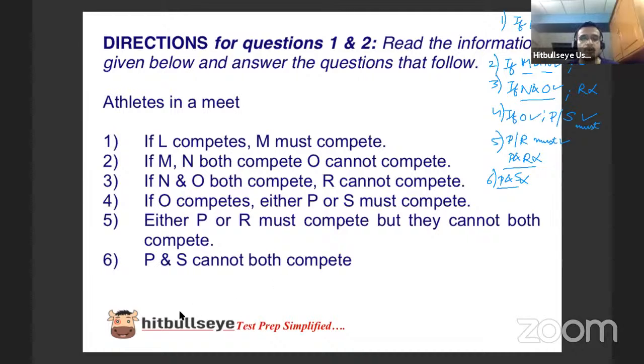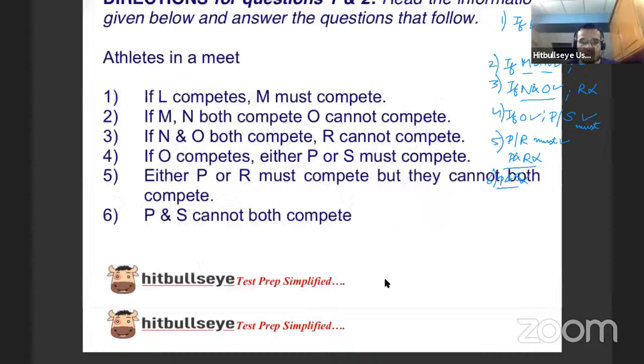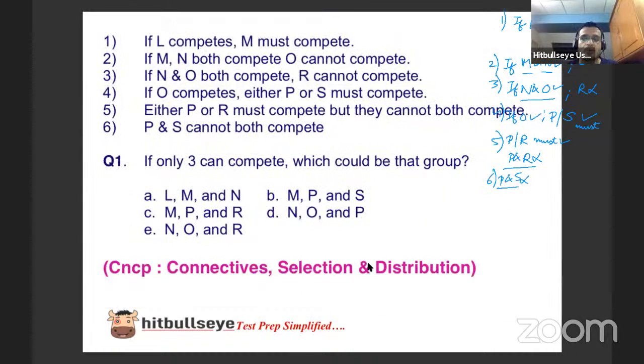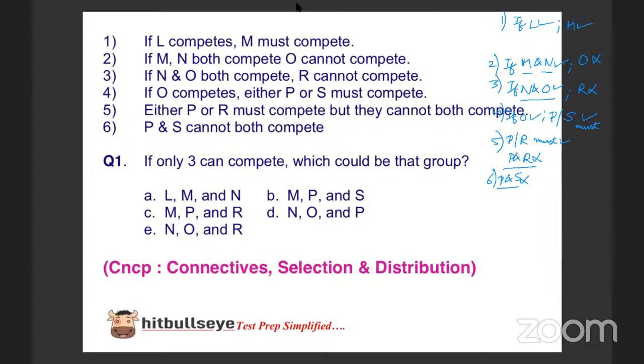I think this gives us the summary of whatever conditions are given. Now let's go and look at the questions. Question number 1. If only 3 can compete, which could be that group? 30 seconds, we'll discuss.